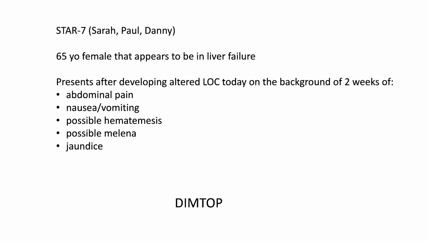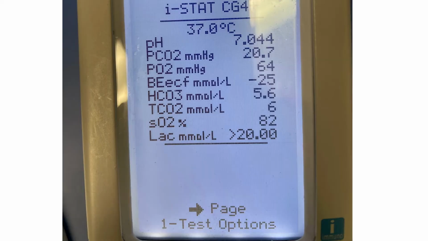T stands for trauma as well as non-traumatic brain lesions. O stands for oxygen deficits, i.e. hypoxia, and there I also include hypercarbia. And finally, P stands for postictal and psychological. Again, not completely comprehensive, but a decent starting point as an approach to someone with altered LOC.